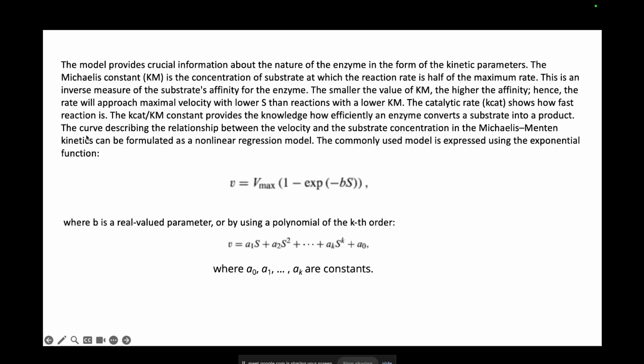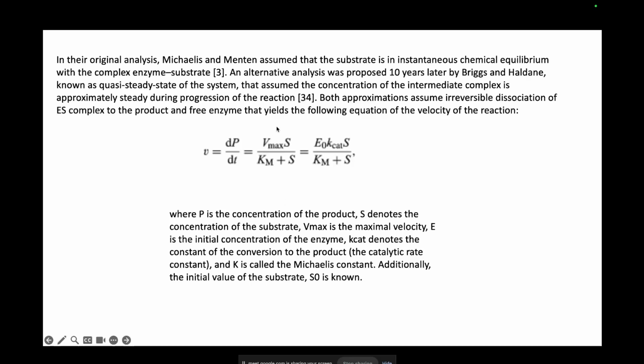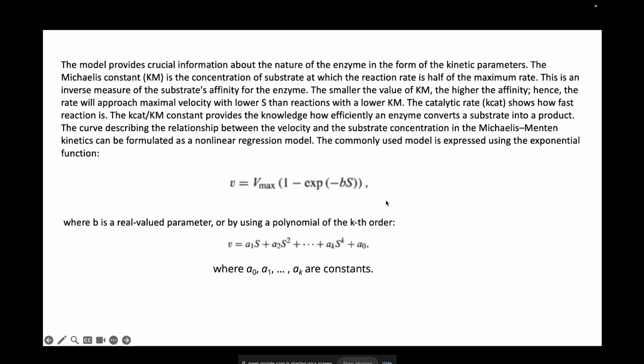That curve describes the relationship between the velocity and the substrate concentration in the Michaelis-Menten kinetics, and it can be formulated as a non-linear regression model because of the nature of the curve. Again, the commonly used model is expressed using an exponential function. You can get this if you do certain manipulations of this particular equation, and it becomes Vmax into 1 minus exponential of minus b into s.